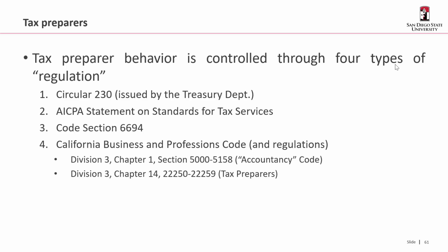And then in California, the California Business and Professions Code and any regulations there too would apply as well. There's Division 3, Chapter 1, Sections in the 5,000s. That's called the Accountancy Code, and that's for CPAs. And then Division 3, Chapter 14 is for what we would describe as unenrolled tax preparers.